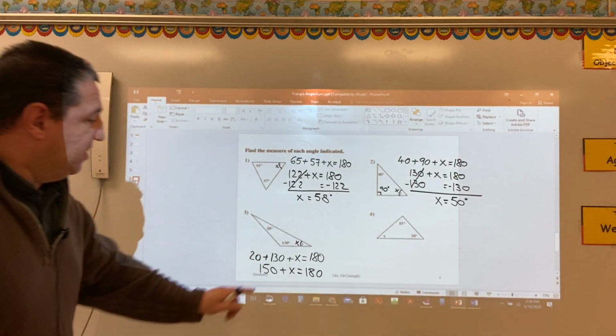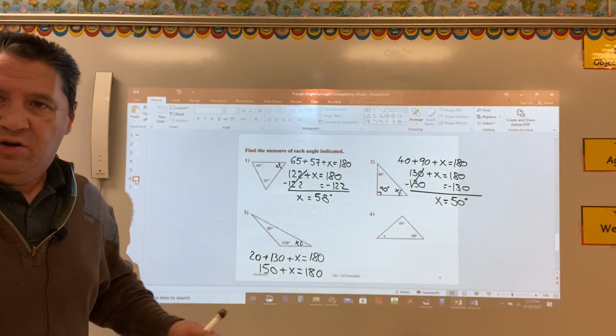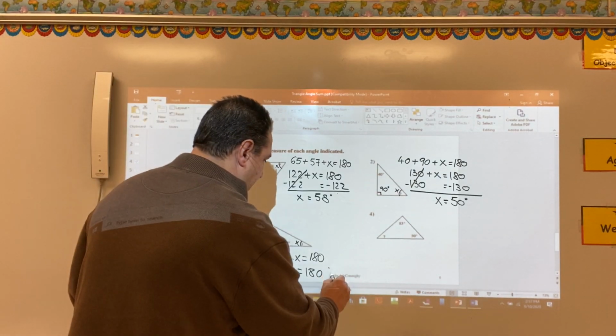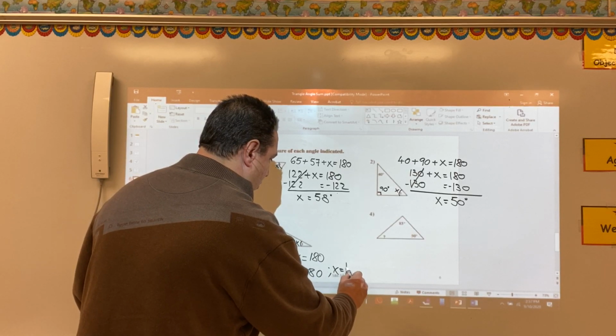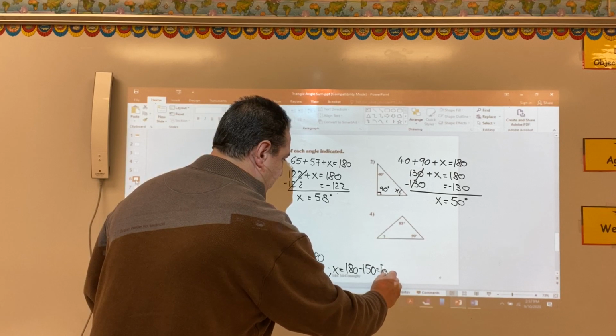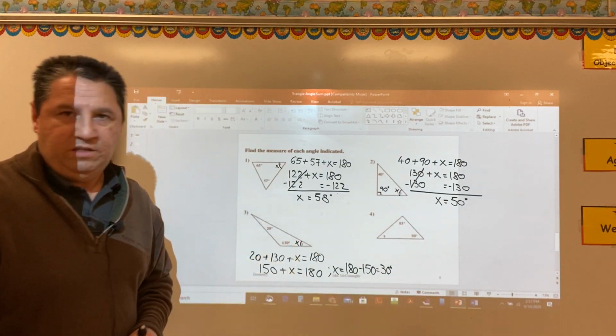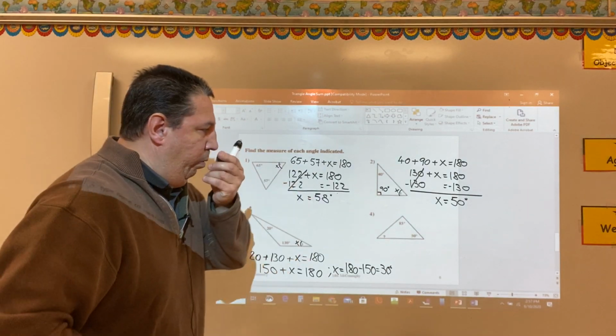And then we subtract 150 from 180, and we get the angle. So x would be 180 minus 150, which is 30 degrees. So x equals 30 degrees.